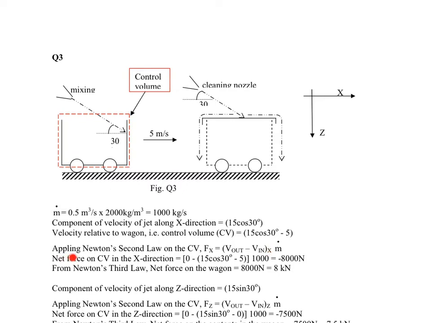If we plug in all the values, leaving is nothing, entering is, as we said before, 15 cos 30 minus 5 times the mass flow rate. We get minus 8,000 newtons, or 8 kilonewtons in the opposite direction. Remember, the minus 8,000 is the force on the slurry, and by Newton's third law, the force on the wagon is 8 kilonewtons.